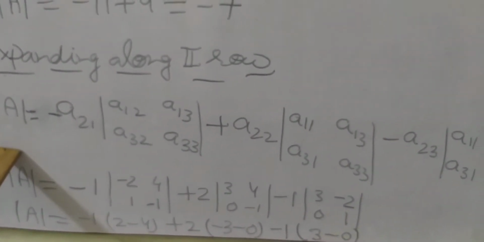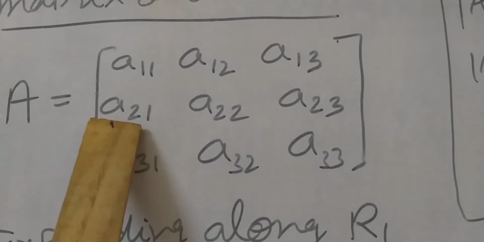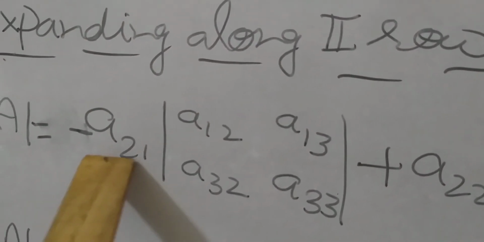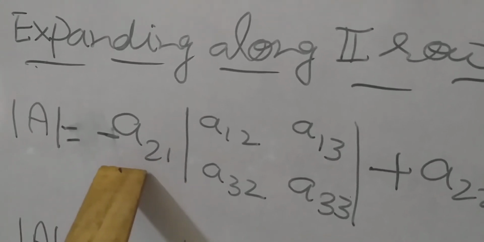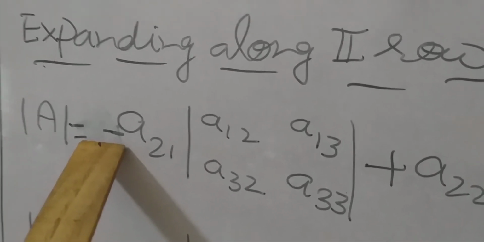So determinant of A, second row, student. This is the second row. So we have to write first A21. Written here, student, A21. Add its position, the values of I and J, 2 plus 1 is 3. Odd. So we have to put a minus sign, student.